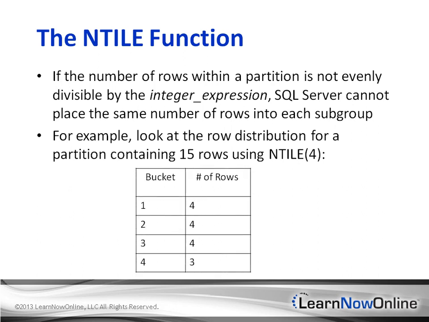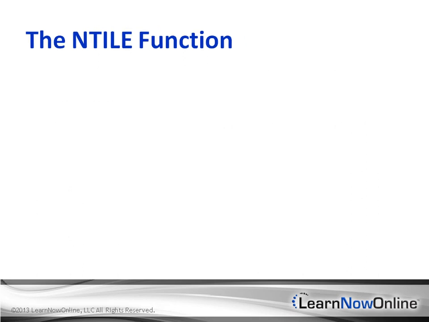Well, we can't do that evenly, but SQL will take care of this for you as best it can, so each of the buckets will be broken up as evenly as possible. And so here in the example you'll see that buckets 1, 2, and 3 each have 4 rows, and the remaining 3 rows are in bucket 4.